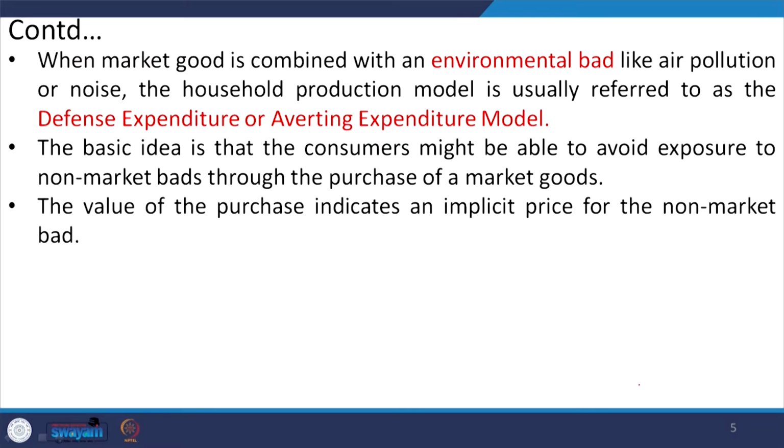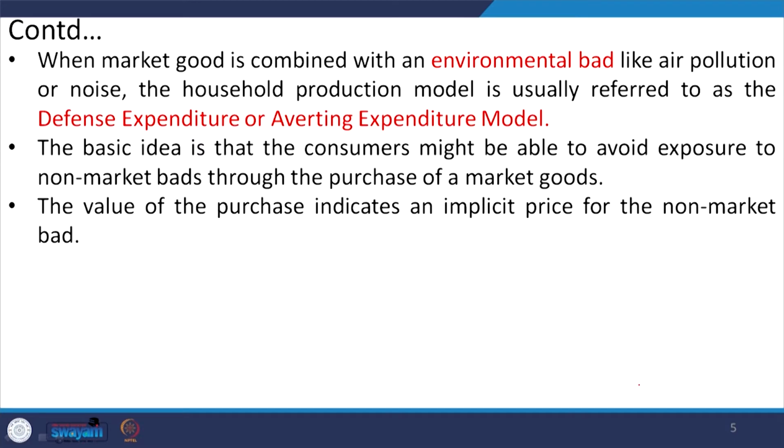And for the example that we have discussed, you can link how this example satisfies the model. Here the value of the purchase indicates some implicit price. Whose implicit price?